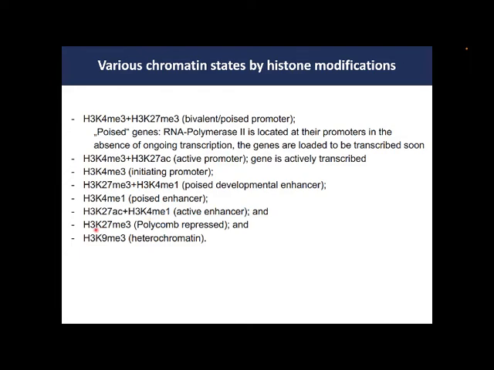And the K27 trimethylation enriched region is a tightly repressed region, because this K27 methylation is mediated by the polycomb repressive complex, so we call this polycomb repressed. And K9 trimethylation is heterochromatin. This is a very tightly suppressed region of transcription.